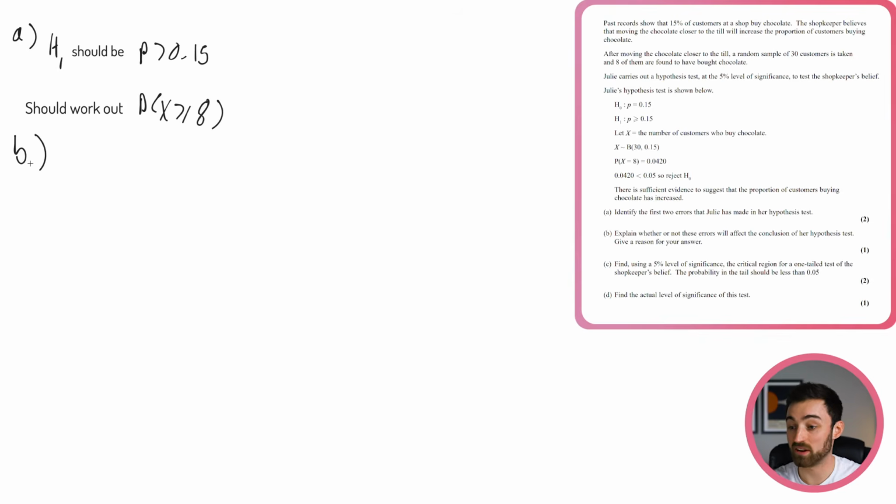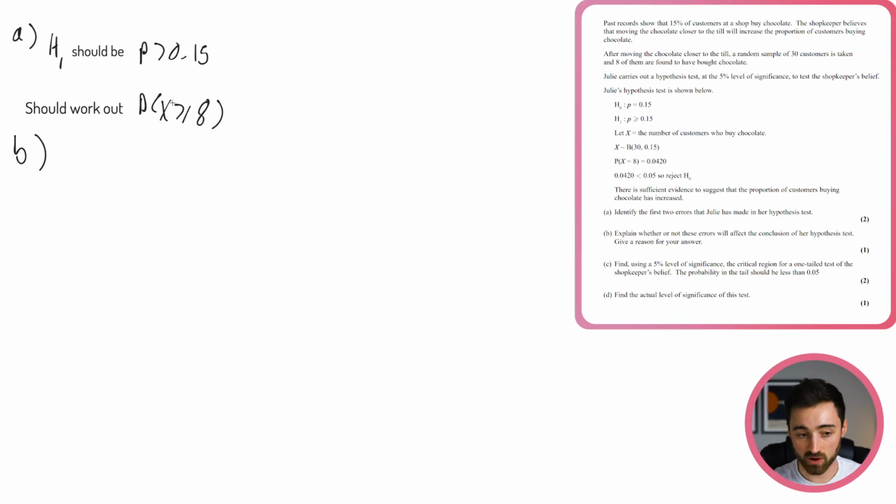Explain whether or not these errors will affect the conclusion of her hypothesis test. Good question. So the first one, no, we just need to swap that for greater than. But the second one might be a different probability. She got a probability of 0.042, which is less than the significance level, so she rejected it.